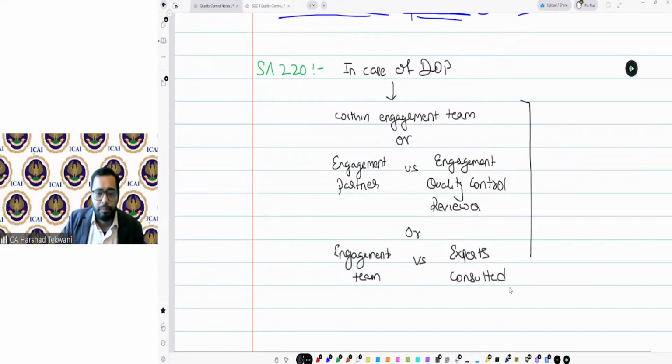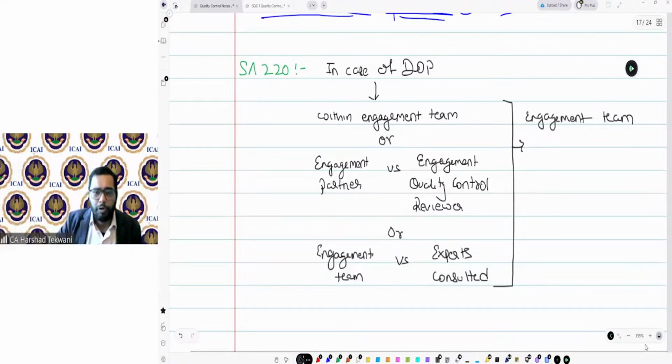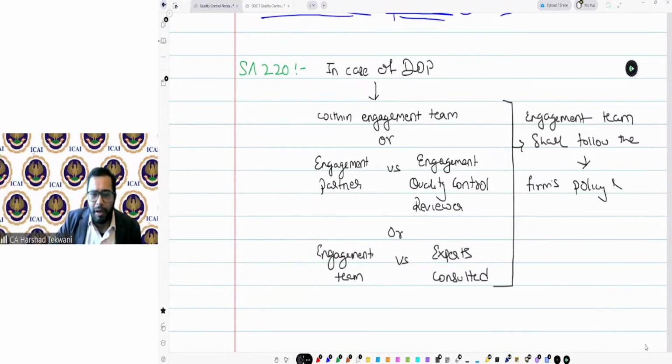So, engagement team shall follow the firm's policy and procedures on DOP.